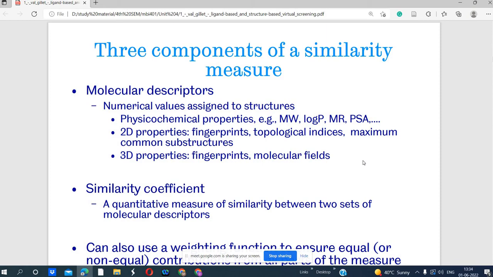Now, two-dimensional properties: fingerprint, topological indices. It is related to the structure, like position of the group. Fingerprint, topological indices mean what the structure is. Structure topology is important. It means how the structure looks, like a ball, circular shape. That is topology.